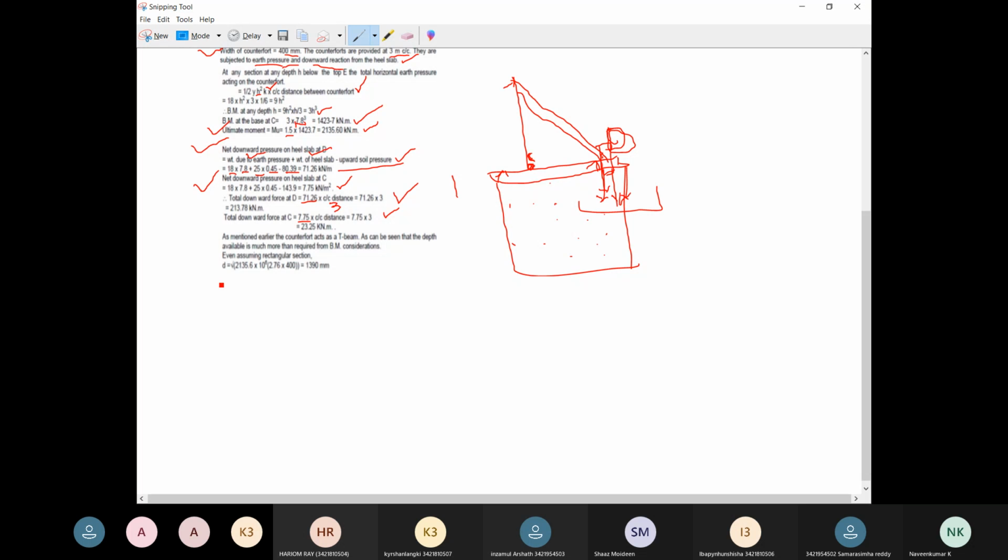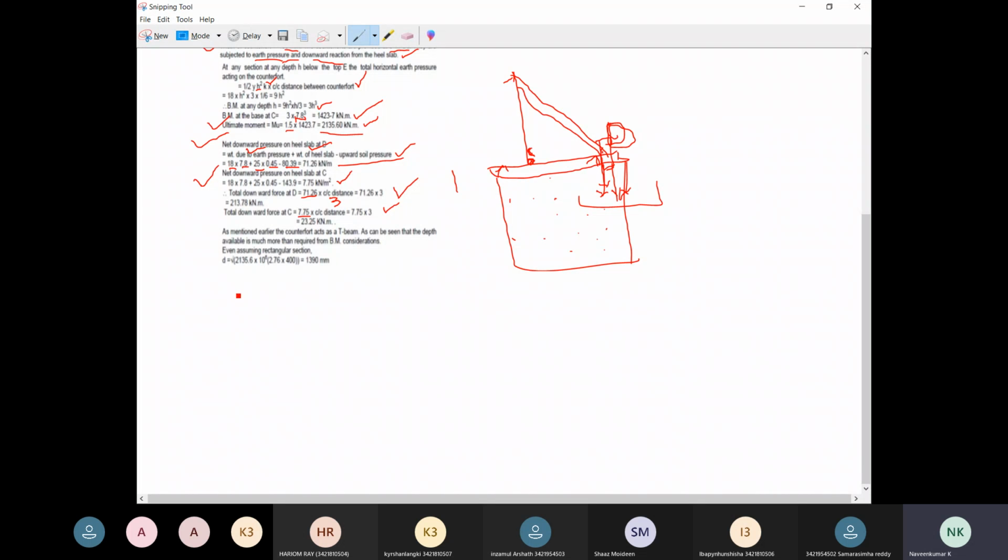Already we have calculated the ultimate moment. Using that ultimate moment, you substitute all the values in that particular expression, except the value of T. The moment is 2135.6 into 10 power of 6. Why 10 power of 6?